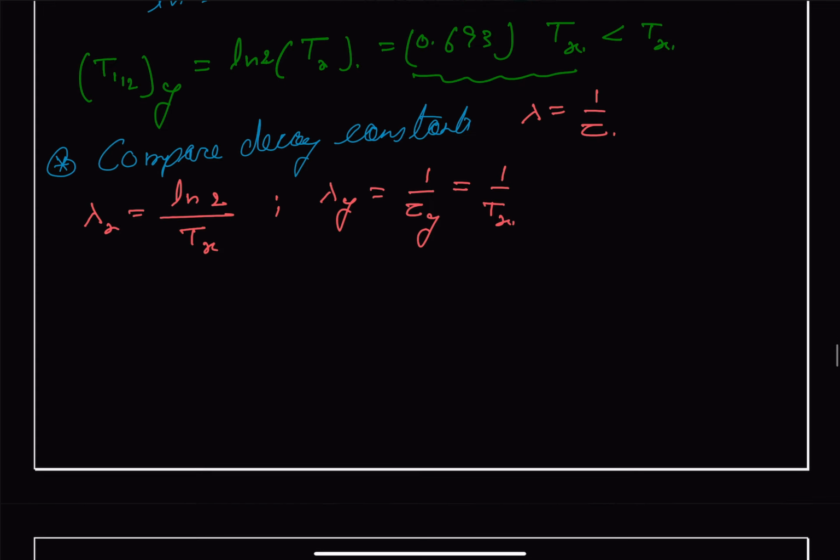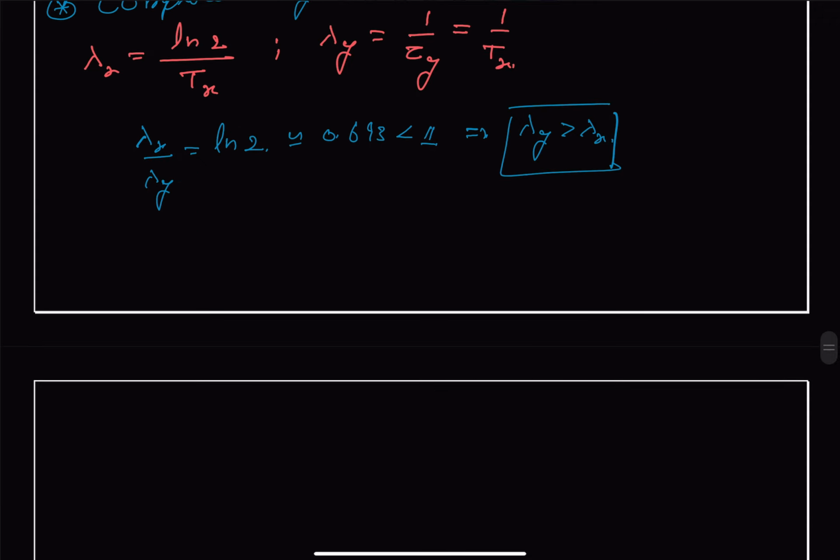So their ratio, lambda x upon lambda y, will be equal to natural log of 2, which is approximately 0.693, which is less than 1. Therefore lambda of y is greater than lambda of x. That's the decay constant of y is greater than decay constant of x.